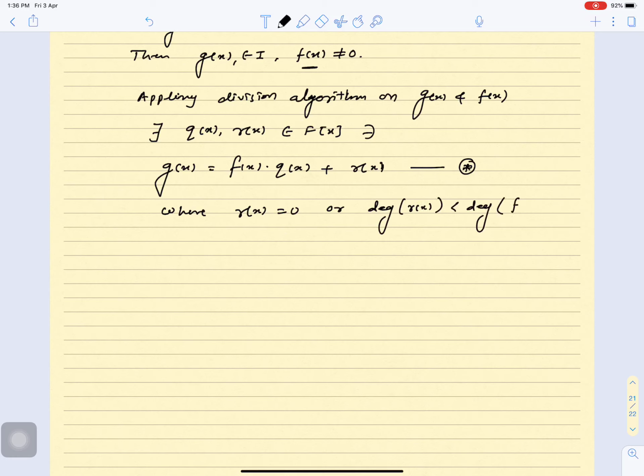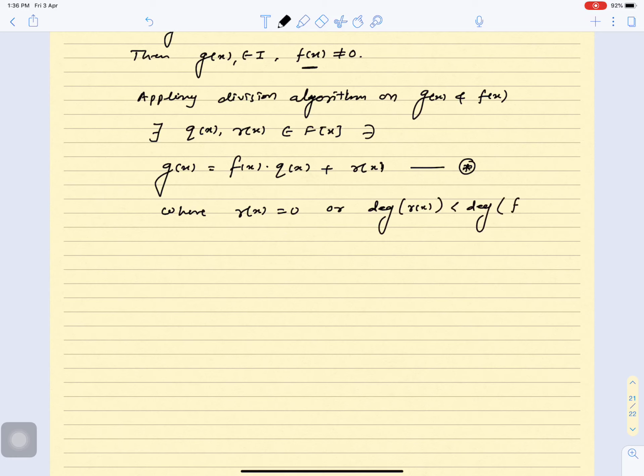Now notice that f(x) is an element of I, so f(x) into q(x) will be an element of I, and g(x) we have already taken from I, and I is an ideal, so g(x) minus f(x) into q(x) is in I.